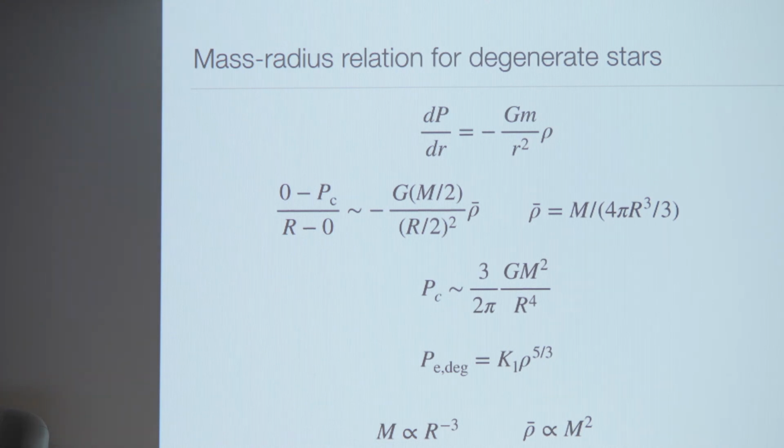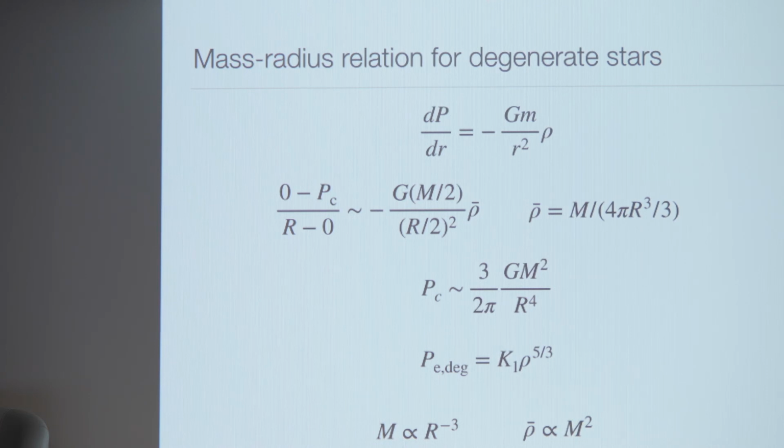If the mass increases, then the radius of the white dwarf must go down with R to the -3, and the density gets higher and higher with M squared as the mass increases.